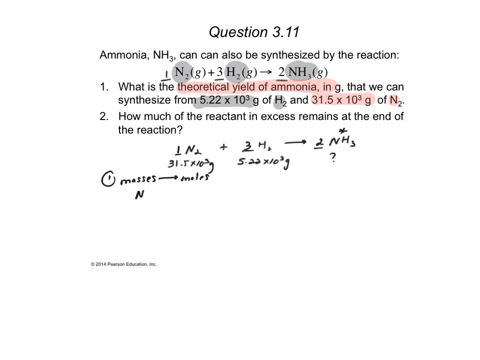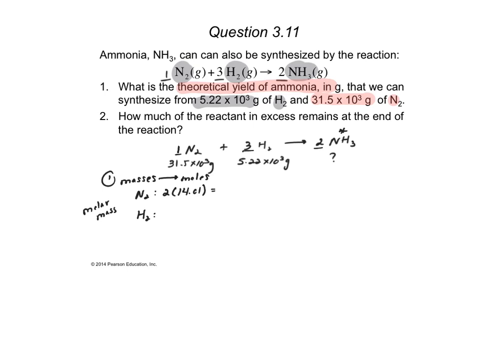So I'm determining the molar mass of all of my reactants right now. For nitrogen, there are 2 nitrogens in that molecule, so the molar mass is 2 times the atomic mass of 1 nitrogen, which is 14.01, from the periodic table.